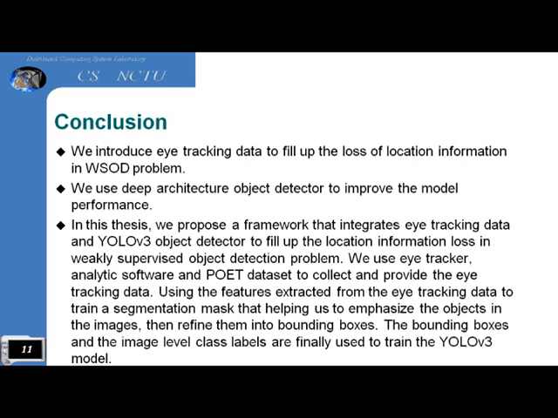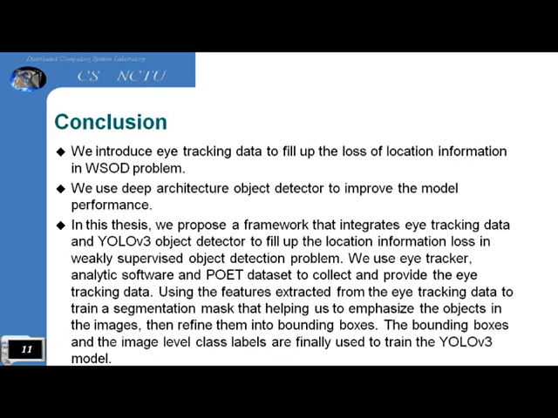In this thesis, we propose a framework that integrates eye tracking data and the YOLOV3 object detector to fill up the location information loss in the weakly supervised object detection problem. We use an eye tracker, analytic software, and the POET dataset to collect and provide the eye tracking data.